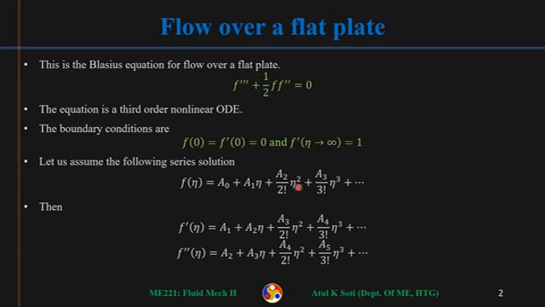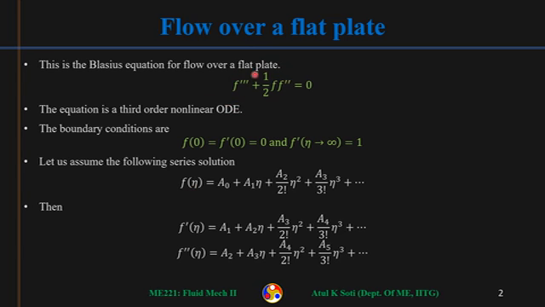Okay, and then what we'll do is, assuming this power series expression for f of eta, we will put this solution back into this governing equation. If this f of eta is a solution of this equation, this should be satisfied.